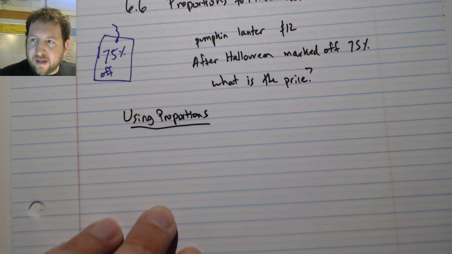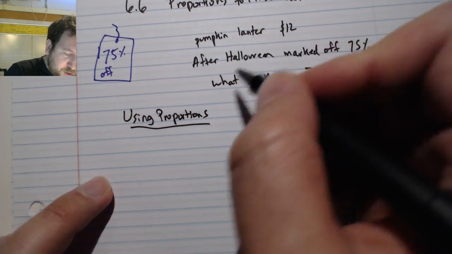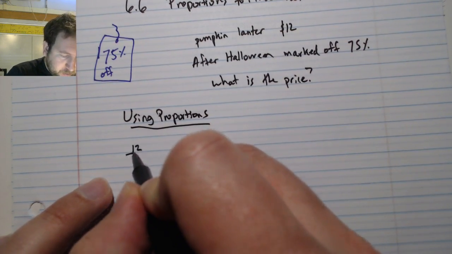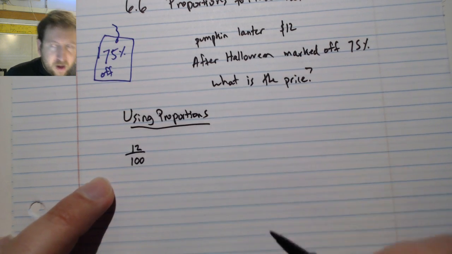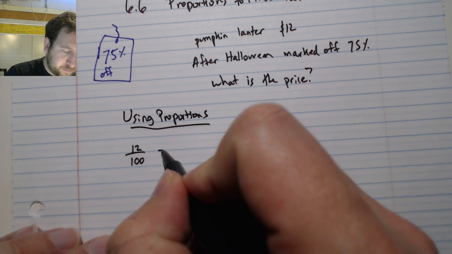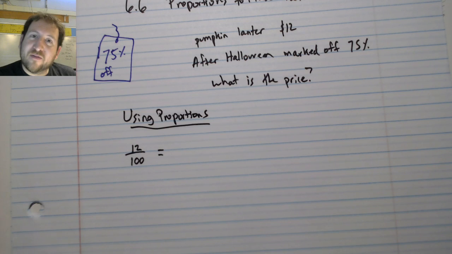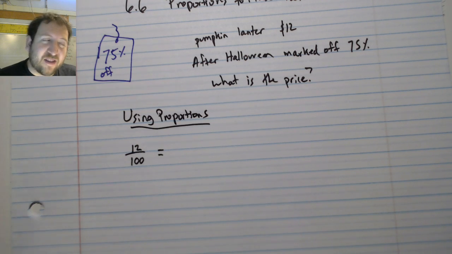Let's say that one of them is equal to 100. So for example, $12 is 100% of the price that we are looking at. And we're trying to find the price after we've done our 75% off.